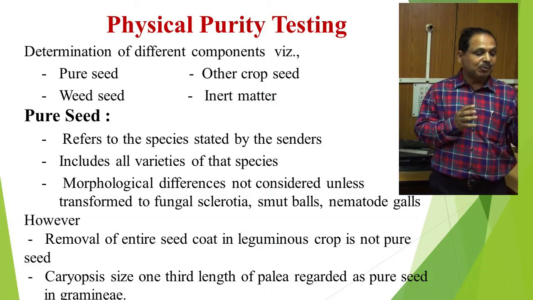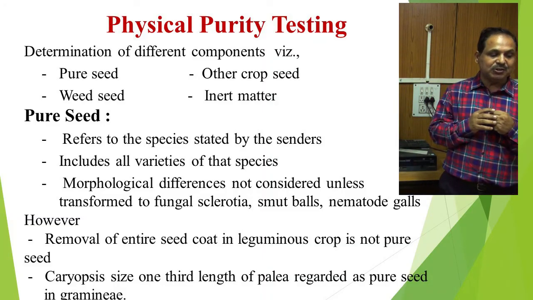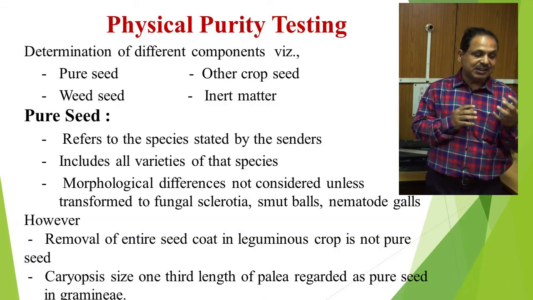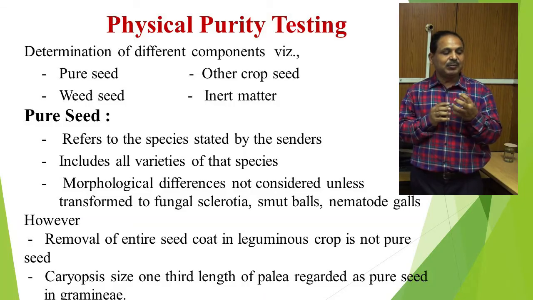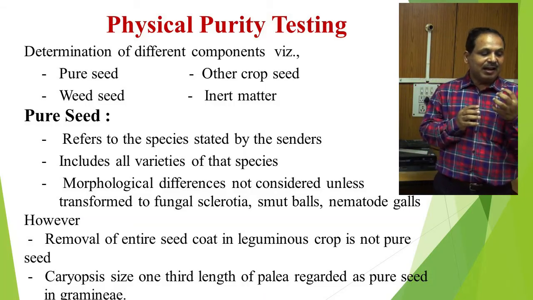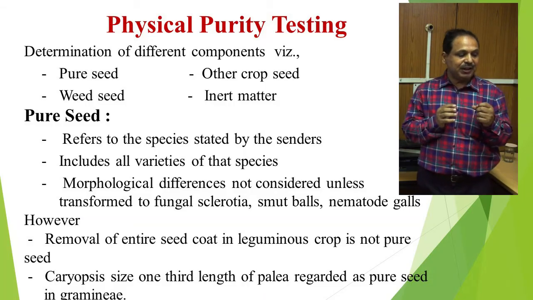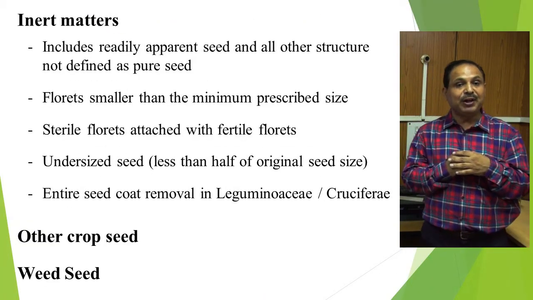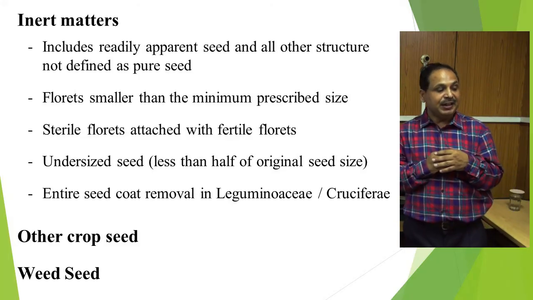However, if the entire seed coat is removed in a leguminous crop, it is not pure seed. If the caryopsis size is one third of the length of the palea, it is regarded as pure seed in the case of the Gramineae family.